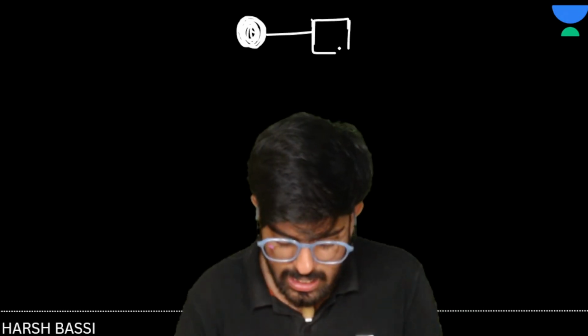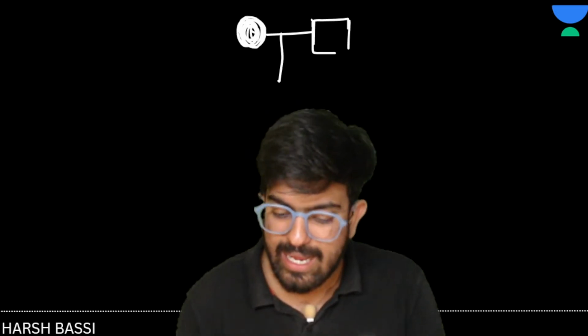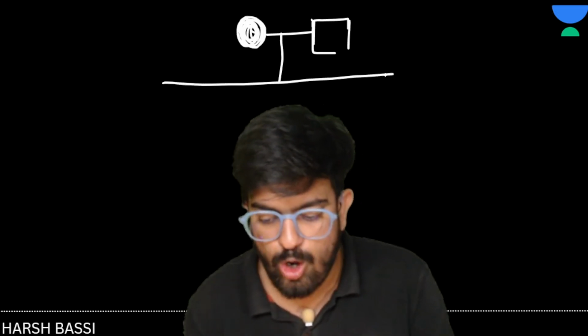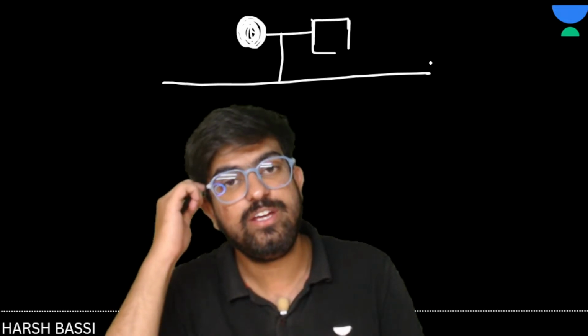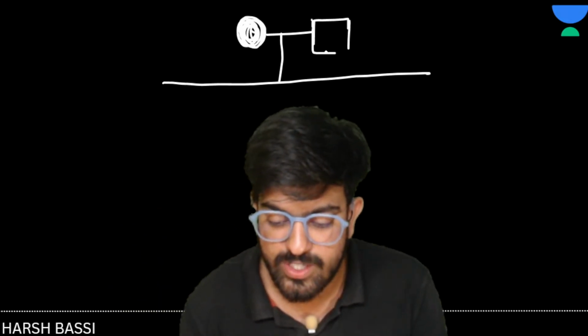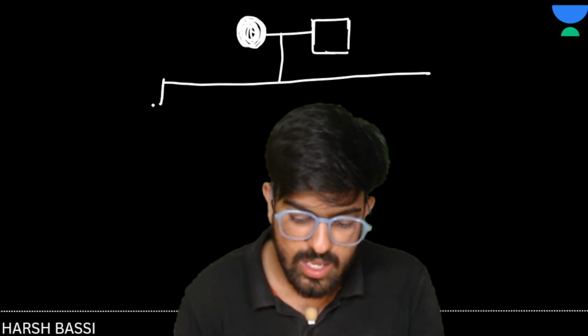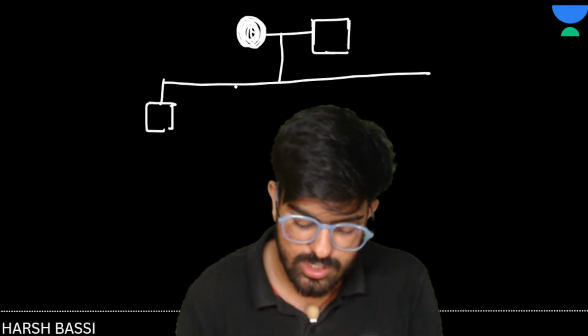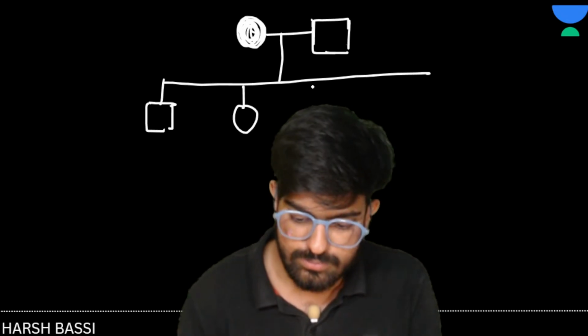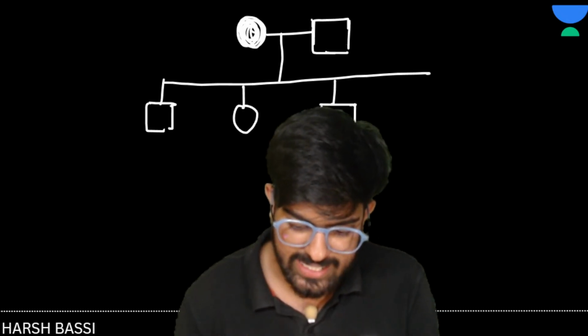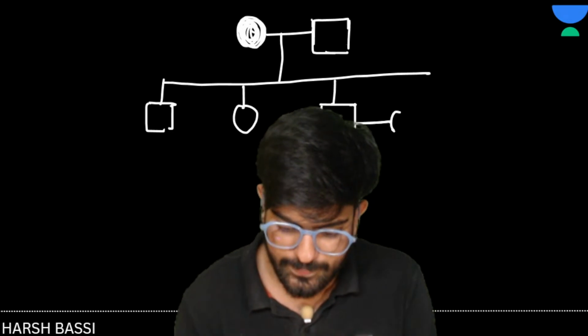Clear? One more thing, we have to give NEET. Options will be given. So whenever you solve the pedigree analysis, first check the options, and according to the options, we are going to solve. Otherwise, it will take lots and lots of time. One second, I'll just draw the diagram quickly.